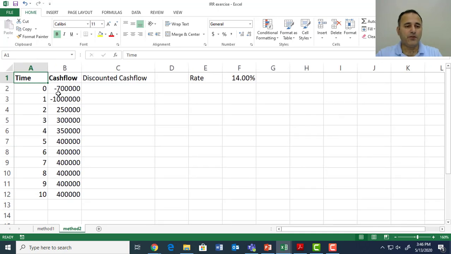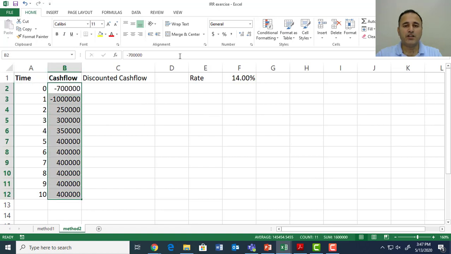If you remember from that example, management is considering a certain project in which the initial cash outlay was minus $700,000, and then in the first year they were also required to make a $1 million investment, and then in the second year they were hoping to get $250,000, and then of course the third, fourth, and fifth year up to 10 years. So the lifetime of this project is 10 years.